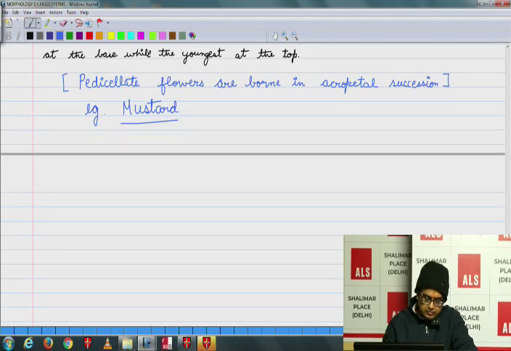So, you write some more examples besides this: mustard, neem, radish. Wait a second, neem will come under compound raceme. Mustard and radish will come under this.